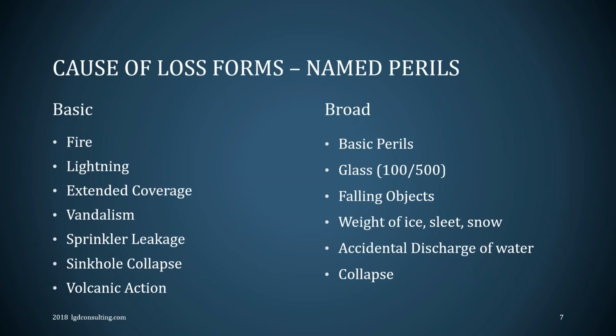The first one is basic. Now, this is very different from the personal lines because if you had a dwelling policy, a basic form, your dwelling policy basic form only covered fire, lightning, and internal explosion. But for commercial property, the basic form covers fire, lightning, you have your extended coverage perils. Now remember, extended coverage is a package of 7 additional perils that are normally added on to a dwelling policy, at least a DP1.